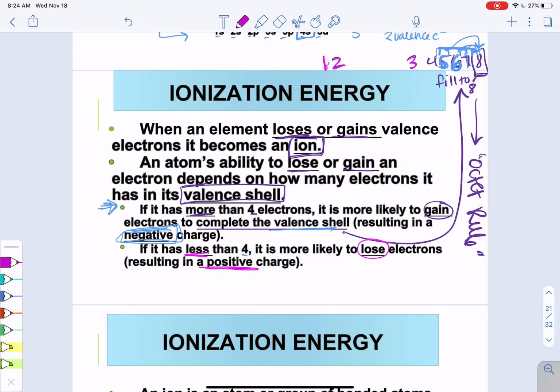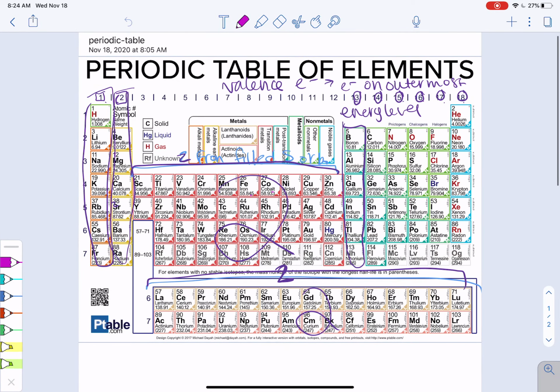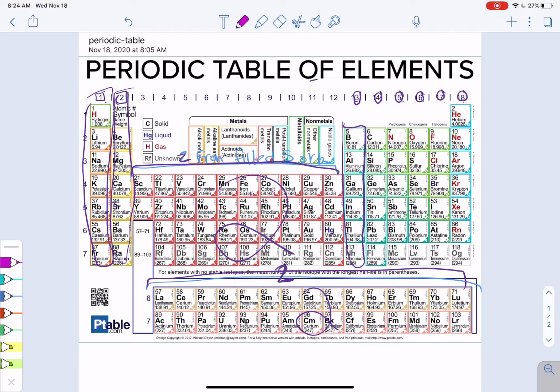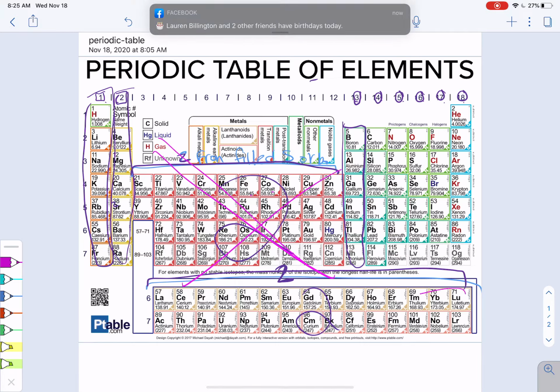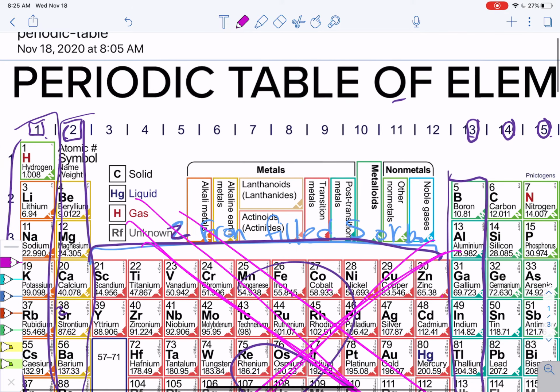So when you look at your periodic table, the ion tendencies, so let me get rid of some of this. The ion tendencies for the main group elements, meaning we are not considering these. The main tendency of group 1 is to lose 1 electron, so it will try to have a +1 charge.